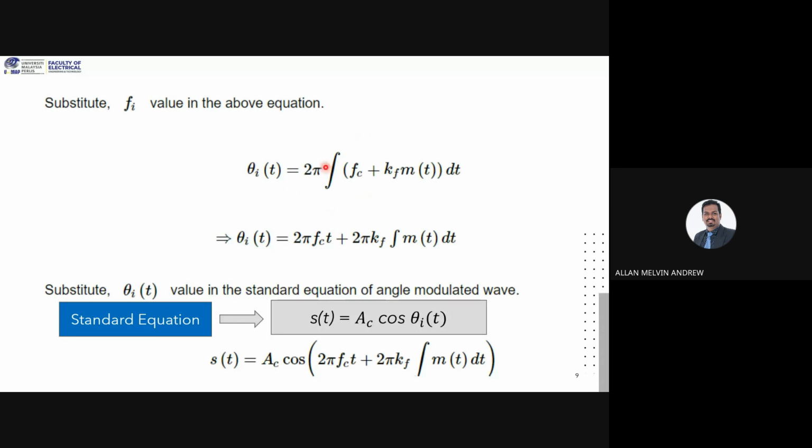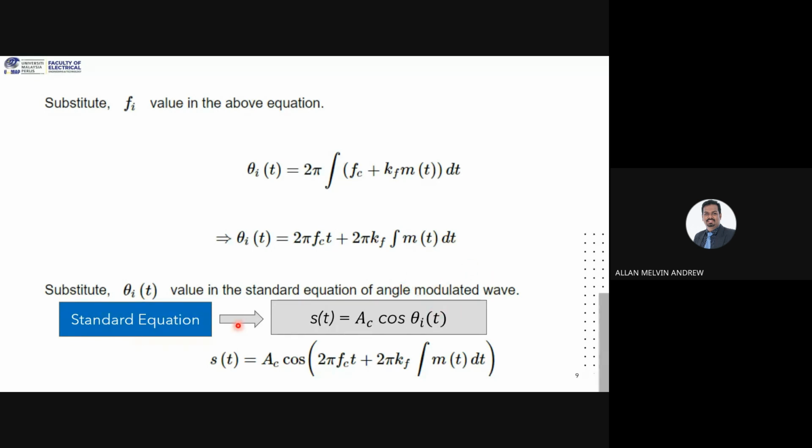Once you get this, you expand it. It's already factorized. You expand it to form two components: 2 pi fc t, plus 2 pi kf times the integration of the message signal. Then you substitute the values in the standard equation of the angle modulated wave. So for frequency modulation, we have an angle modulated wave.